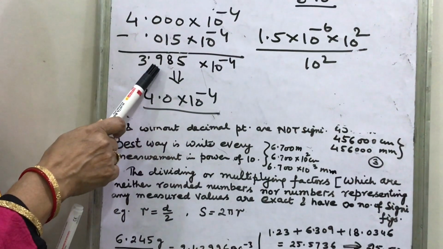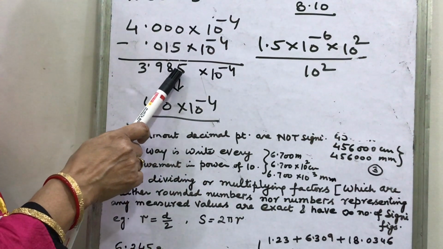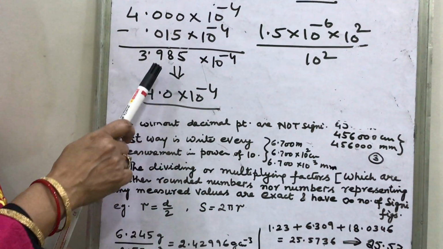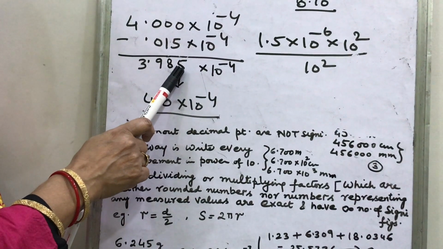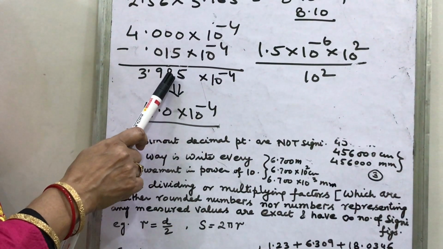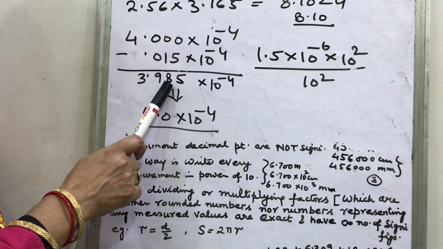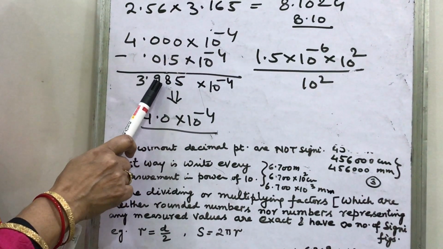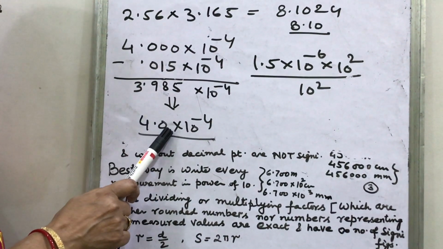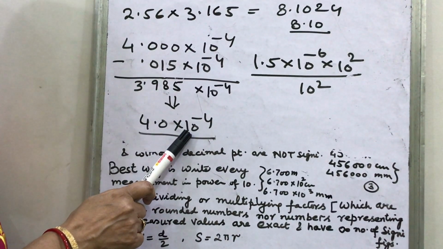So look here, this is 3.985 into 10 to the power minus 4. After rounding off, this 9 becomes 10, and what will become the final answer? 4.0 into 10 to the power minus 4.